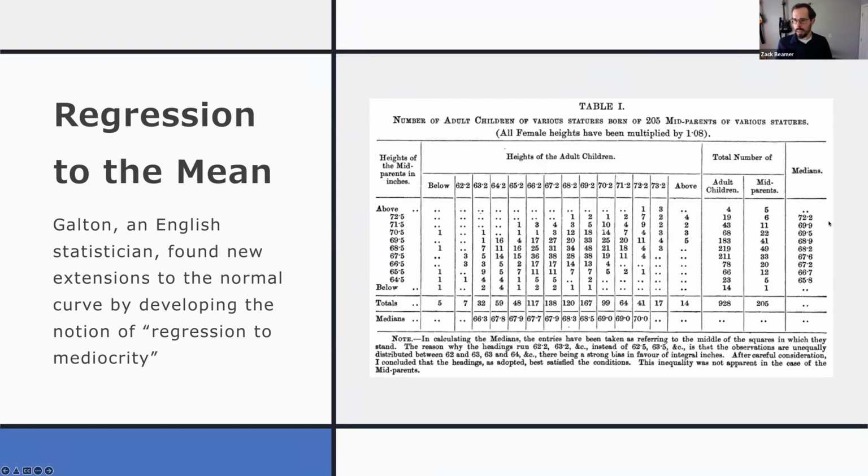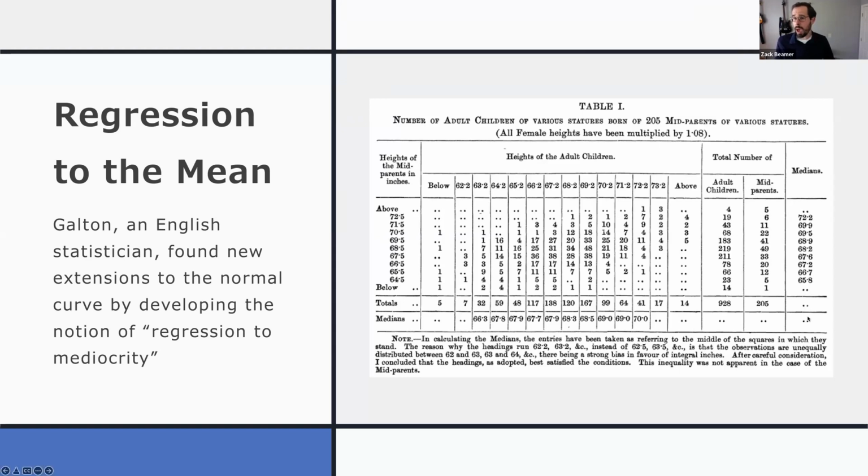So it was a little bit less than that, closer to a typical height. And we see the same thing when parents had a height of about 70.5 inches, their kids on average were like 69.5 inches. So again, the kids were still taller than average, but a little bit less so.